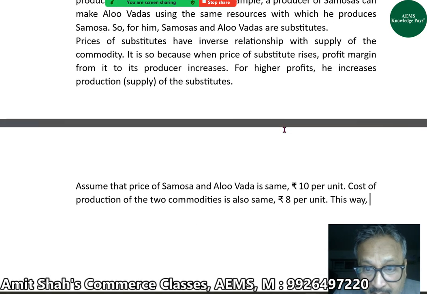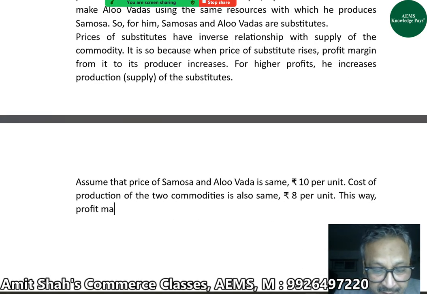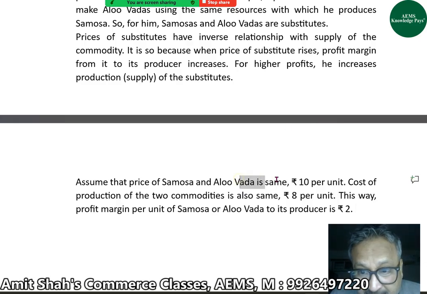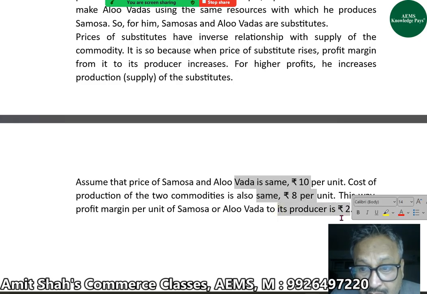This way, profit margin per unit of samosa or aloo vada to its producer is rupees 2. Correct? This is the selling price. This is the cost. So profit margin is rupees 2.